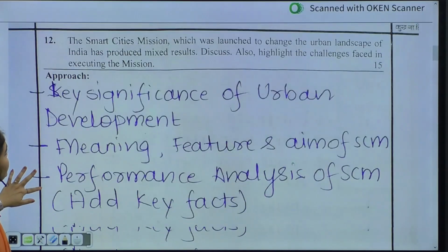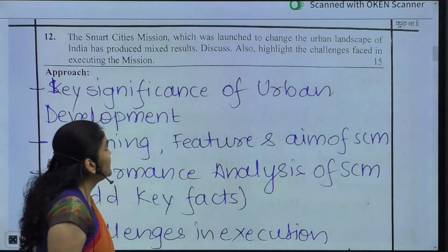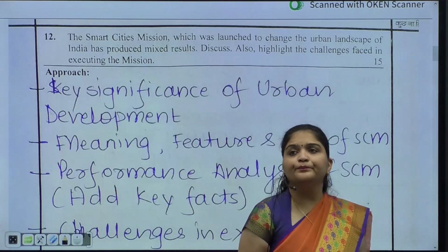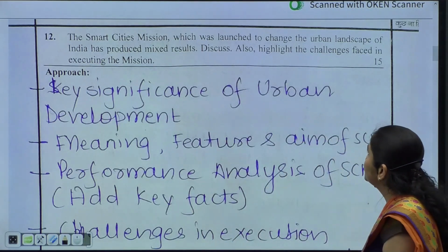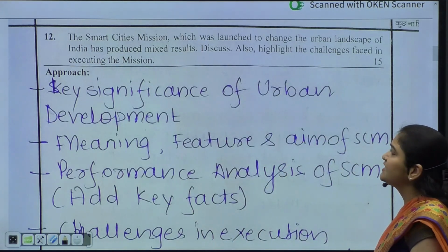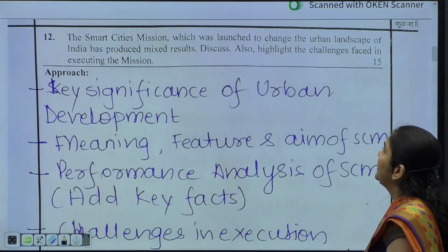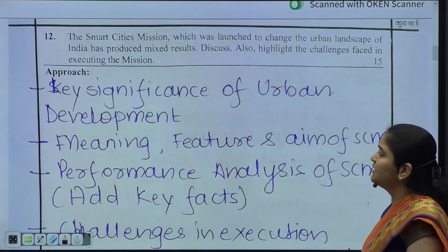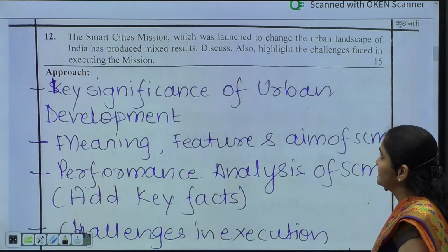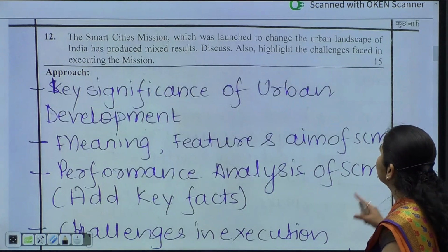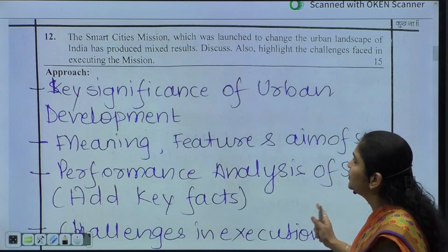The next question is: the Smart Cities Mission, which was launched to change the urban landscape of India, has produced mixed results. Discuss. Also highlight the challenges faced in executing the mission.